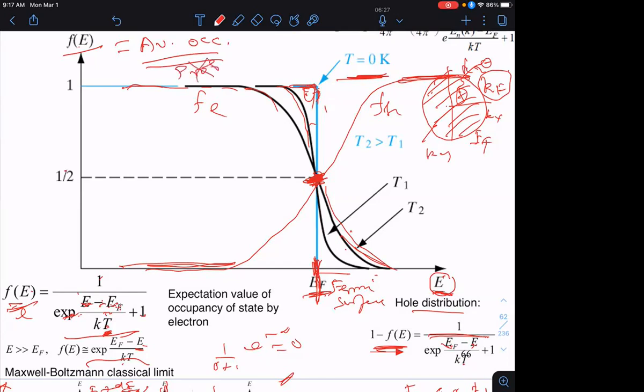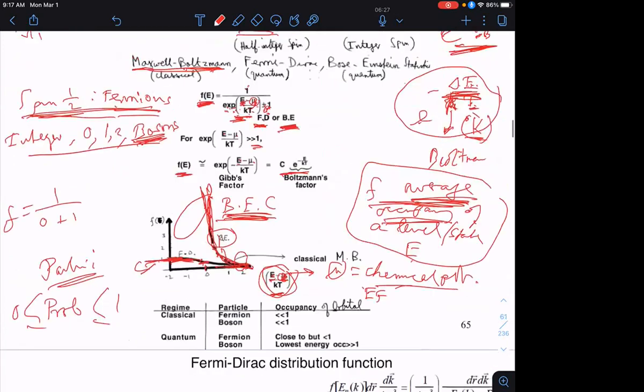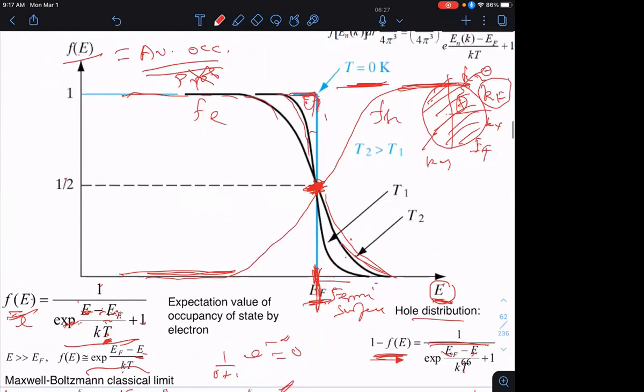And sometimes we'll also sloppily call it the probability of occupancy, but you need to be clear in your mind, it's not really the probability, it's the average occupancy of a state. It cannot be the probability because in the case of Bose-Einstein, we see that f of E blows up. It can be much larger than 1, which probabilities cannot do.